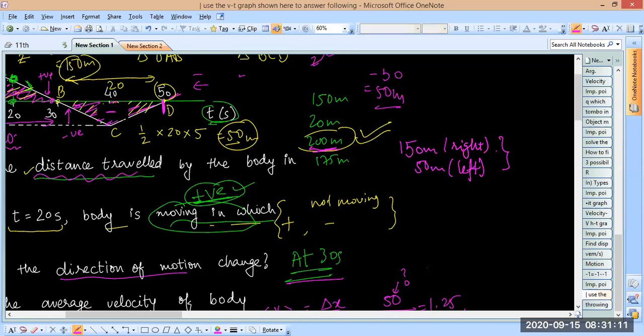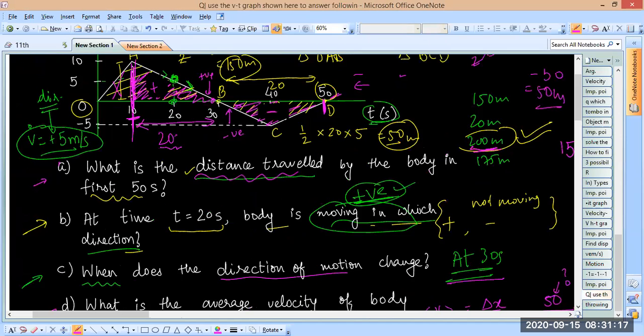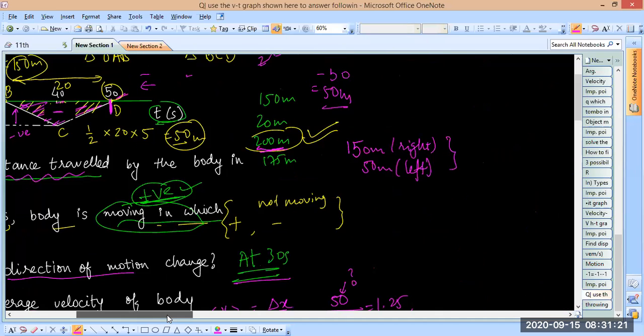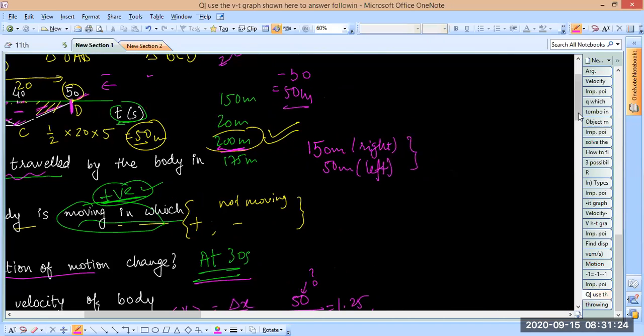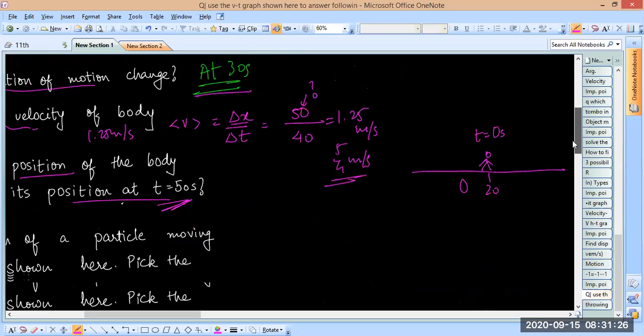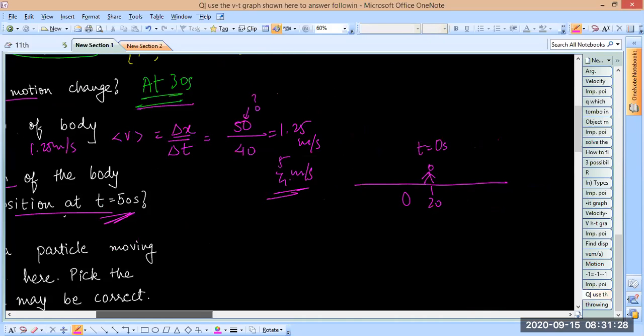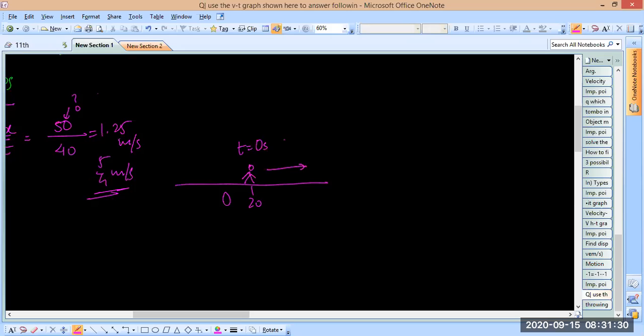150 meters right side and then 50 meters left side. Fine. That's what I had also explained last time, what this plus and minus indicates, right? I hope you remember that. So now let's apply that here in this diagram. First of all, this person goes 150 meters right side. So where would the person be? At 170. Is that clear?